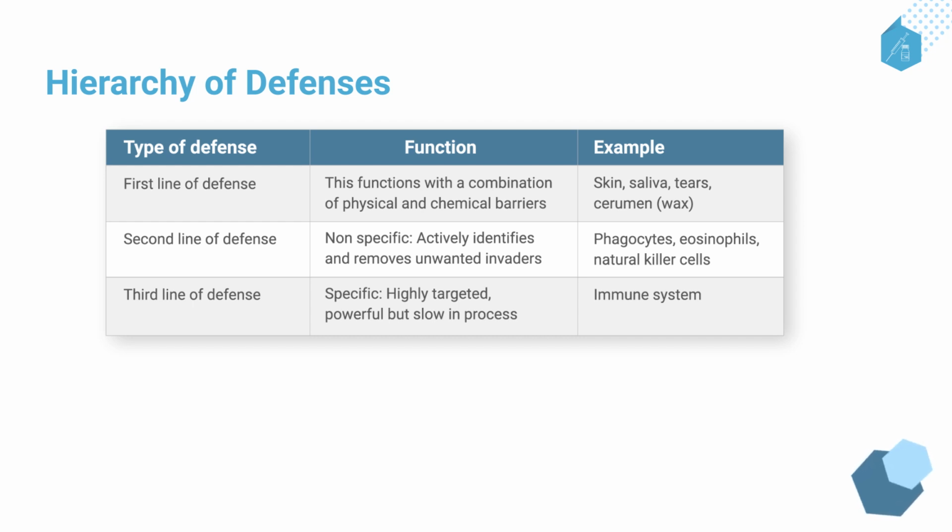This includes defensive cells and defensive proteins. The third line of defense is powerful but slow. The immune system comes under the third line of defense and is a complex system consisting of various cells, proteins, and molecules involved in various defense mechanisms which are activated against antigens.